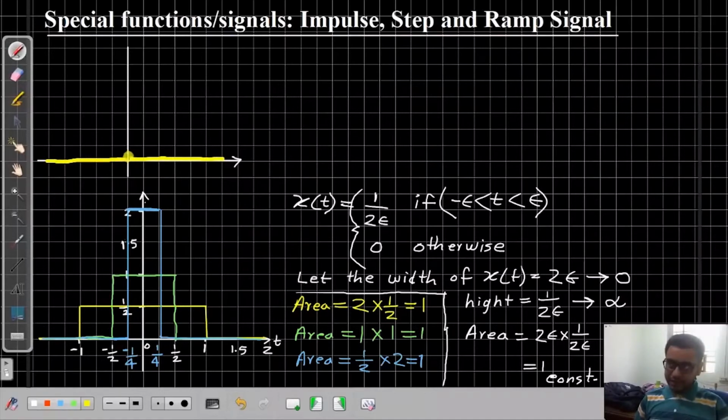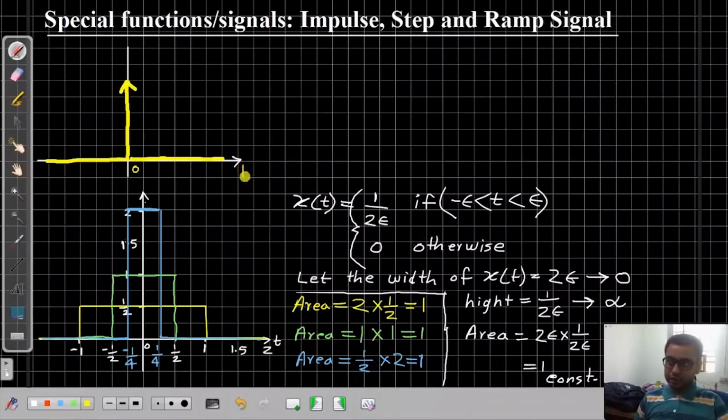Within this very narrow region, its height will be very large, so we shall draw it with a single line because it is very narrow. We cannot draw an infinitely long line, so we shall put an arrow to denote that this signal tends towards infinity. This is the symbol of an impulse function.